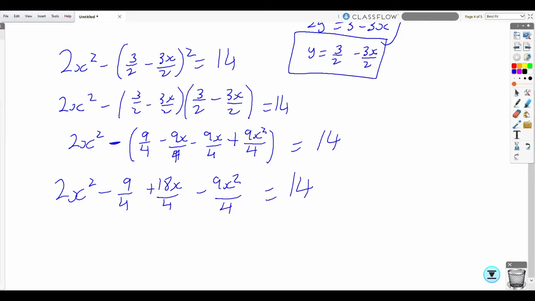So let's try and simplify some things. First, let's times everything by 4 to get rid of those denominators. So 8x squared minus 9 plus 18x minus 9x squared is equal to 14 times 4, so double 28, which is 56.